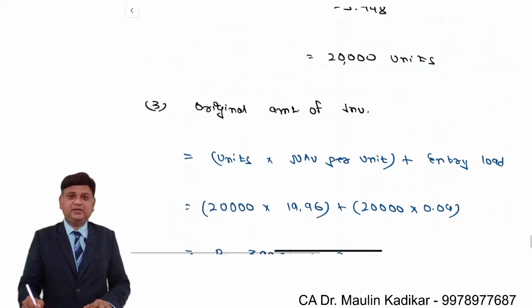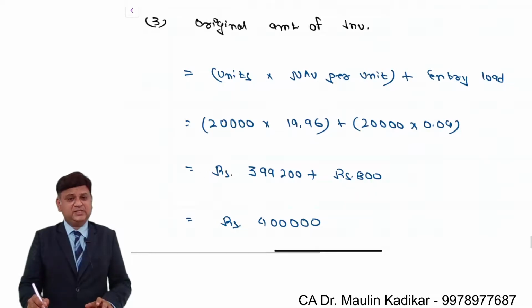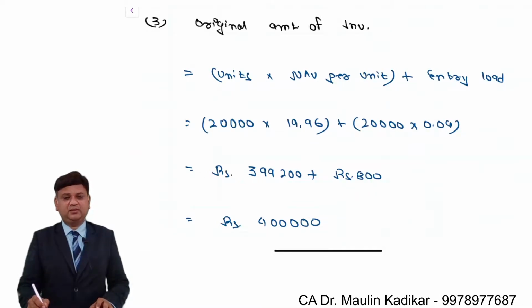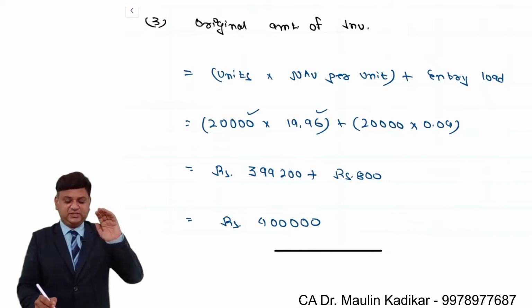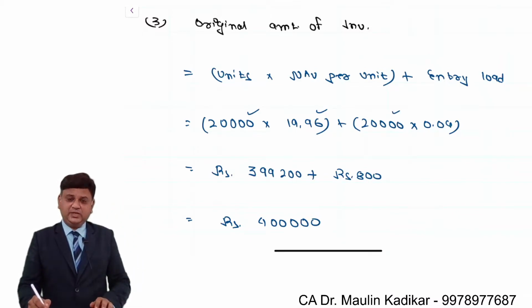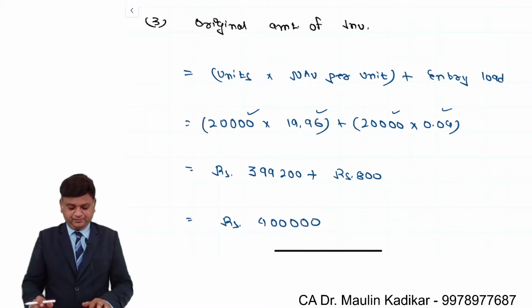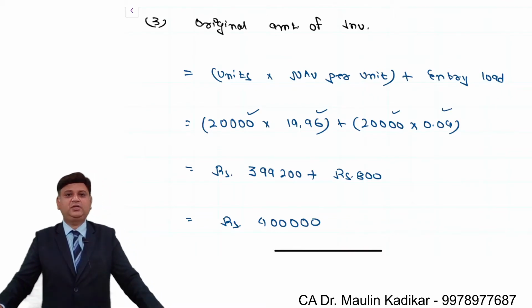With that we find 20,000 number of units. Last is original amount of the investment: initial number of units allotted into NAV per unit, which is found in the very first answer, plus 20,000 number of units into entry load given as 4 paise, and with that the amount is calculated as 4 lakhs.